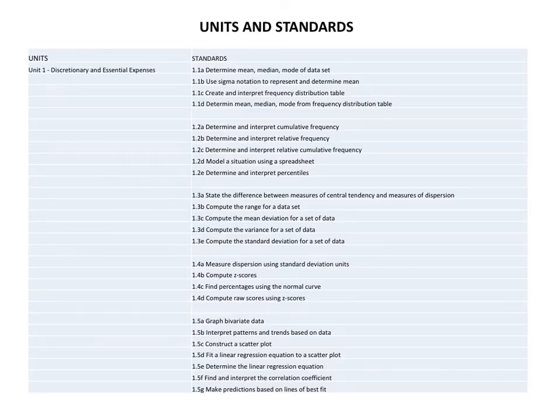Now, previously we talked about standards or concepts or topics. This is our first unit or our first chapter, and these are some of the standards that are in that first chapter. As you can see, that first chapter has a lot of math in it, okay? But each of these can be broken down. They're given with a certain amount of detail, but let's look at 1.1. Determine the mean, median, mode of a data set.